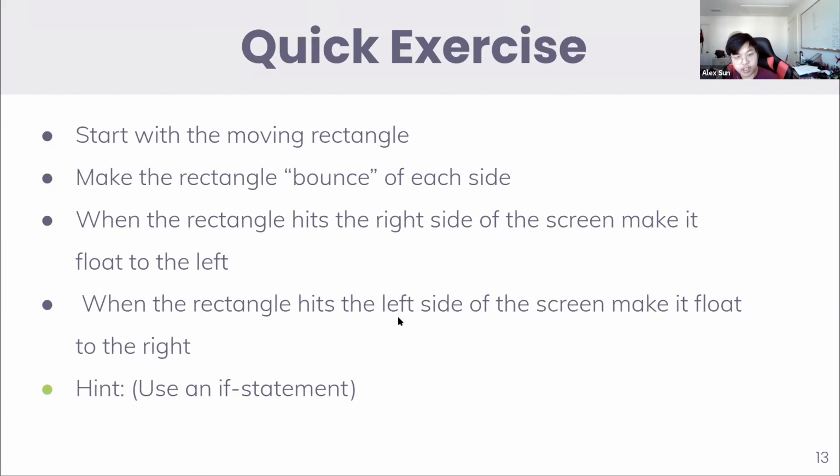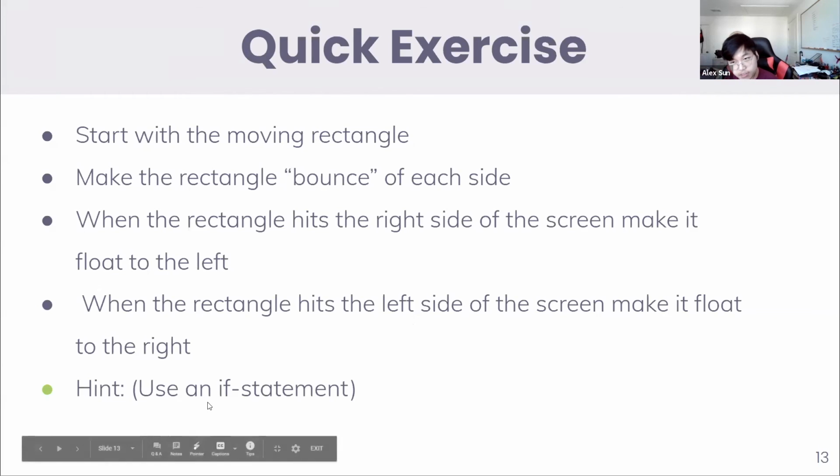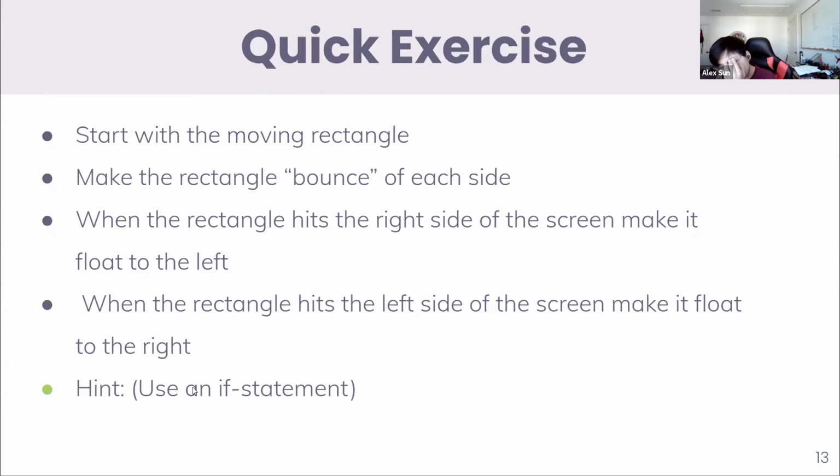And when the rectangle hits the left side of the screen, you want to make it float to the right. So basically, you want to make it bounce off each side. The trick to this is to use a nice if statement. You should definitely try that. It can be pretty challenging. It looks simple, but it's actually quite tough.